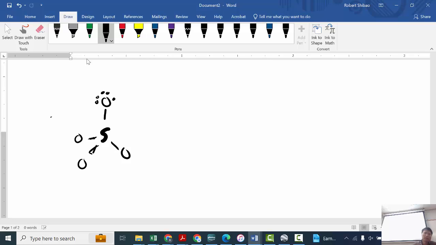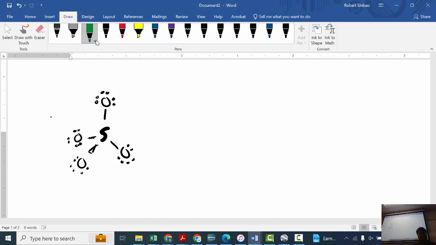So if I take a look at sulfate, I'm going to do sulfate with the octet, not with the expanded octet. Do you remember the formal charge? What it is?